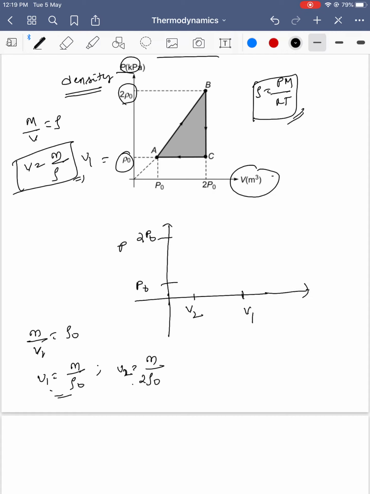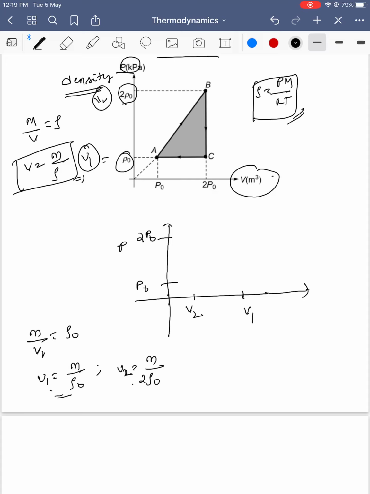Initially, the process from A to B, what kind of process? Pressure versus 1 by volume is constant. If pressure versus 1 by volume is constant, what kind of graph is that? Isothermal graph. So it's compressing isothermally, from volume V1 to V2, volume is going to decrease.